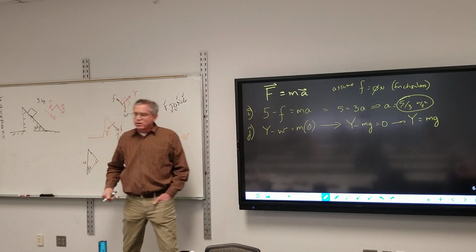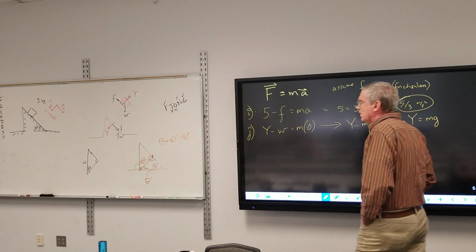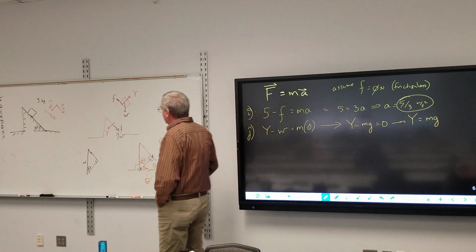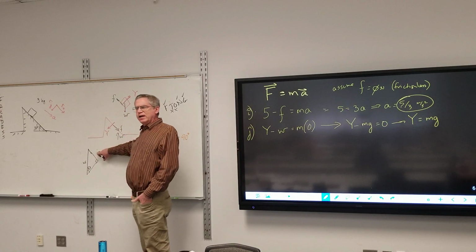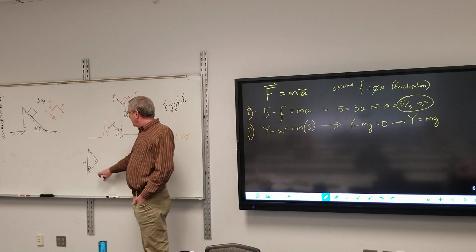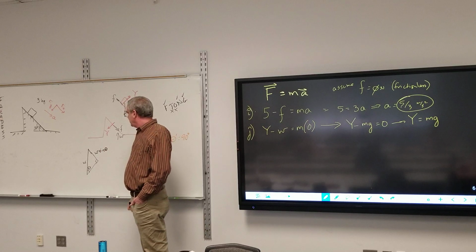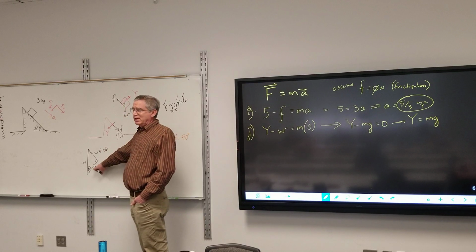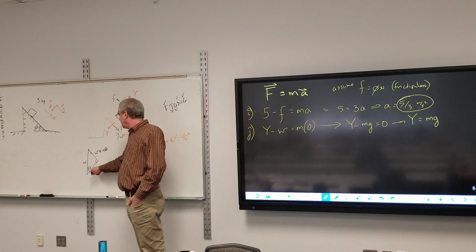I'm not sure that's much better, but that's supposed to be closer to a 90-degree angle there. So if I'm trying to find the opposite side, is that sine or cosine? Sine. And so this is going to be the weight times the sine of theta. And this one would be the cosine of theta.